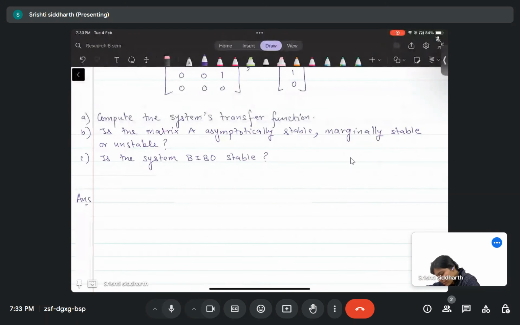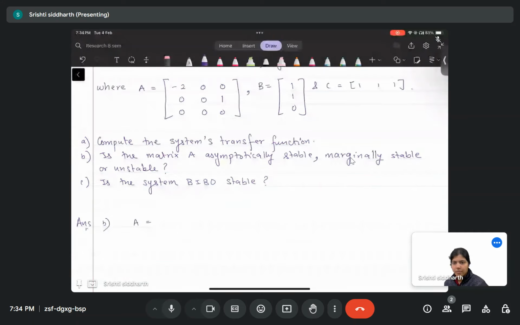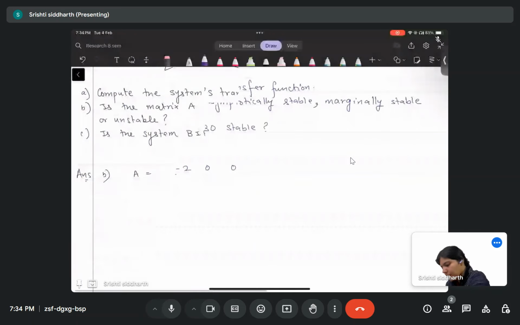The matrix A is minus 2 0 0, 0 0 1, and 0 0 0.